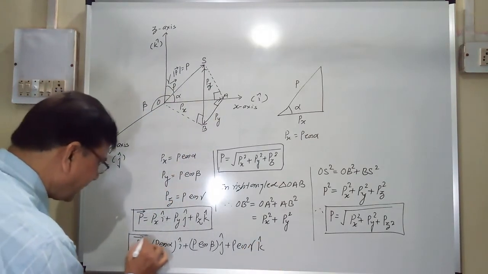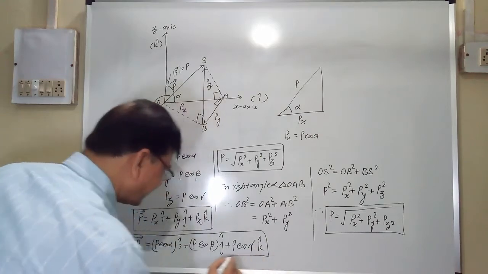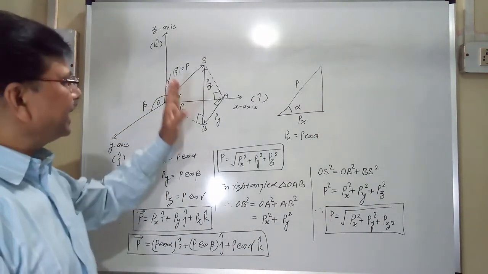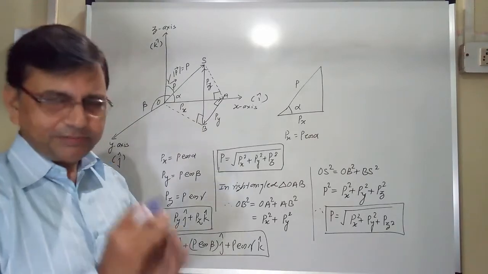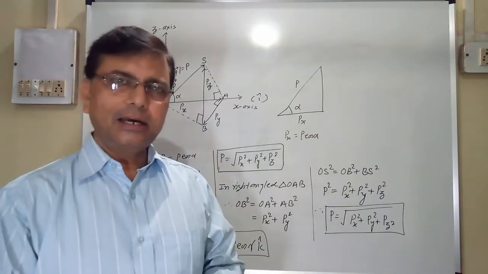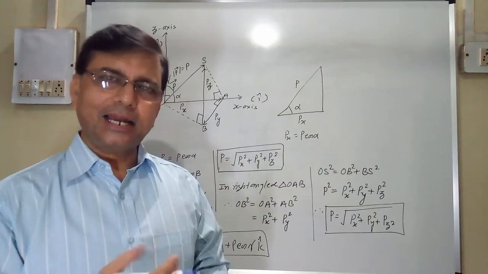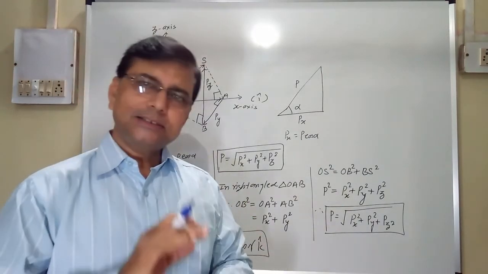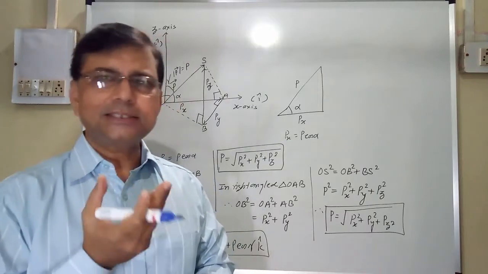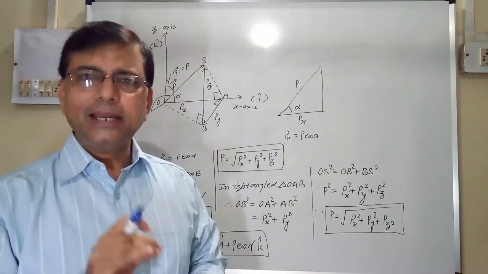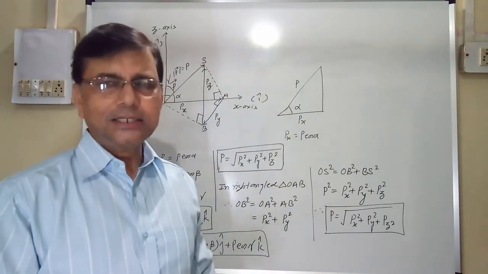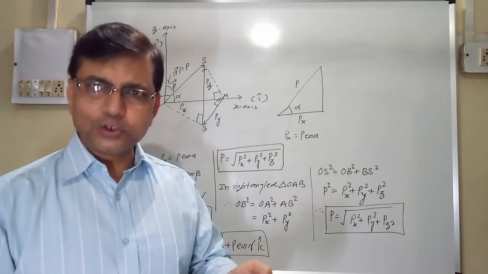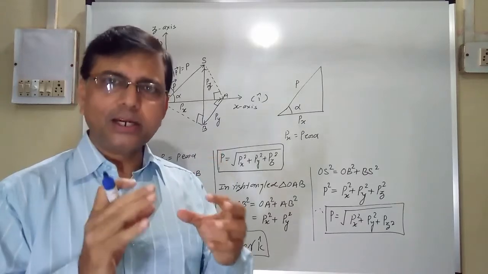So this is another way of representing the vector in the space in three dimension. So that's very important, and you should understand. I tried to make you understand, since it is three dimensional, some imagination, some analysis is needed. So I'll say see this video again and again, so that concepts will be more clear to you.